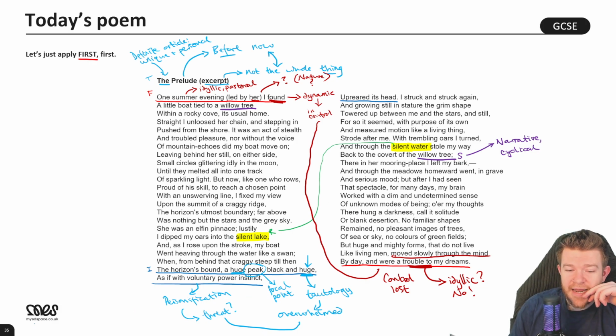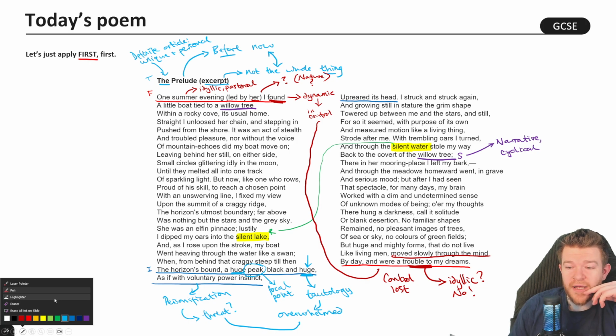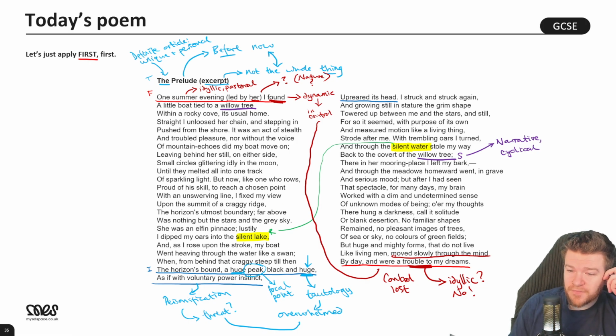Then we're going to have a look at our repetition, and the repetition is quite an important or interesting one, because silent, the lake is silent, and this silence is unthreatening. Nature as an ally.